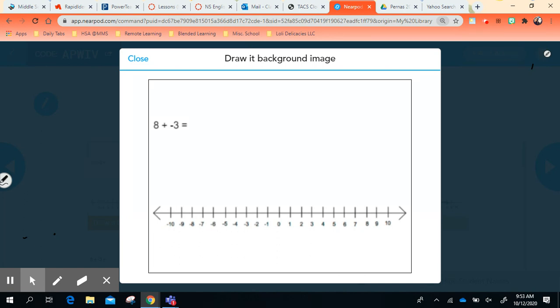Okay, remember, we said we're not changing anything, so you won't do this if the sign in the middle is subtraction.